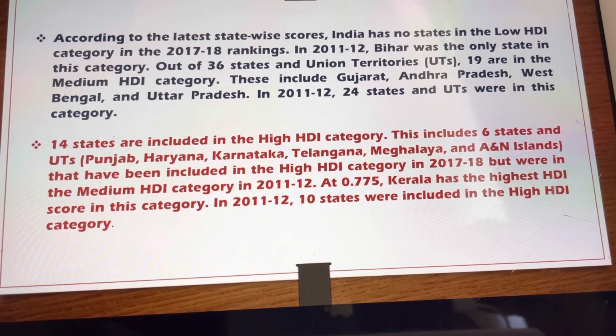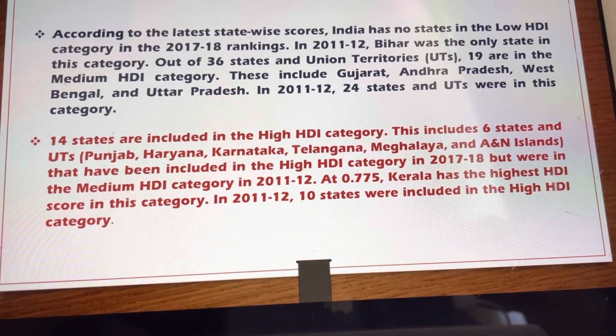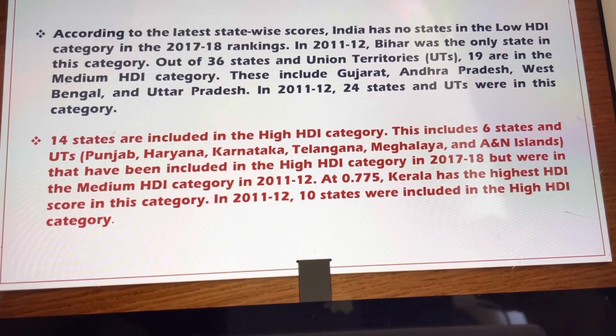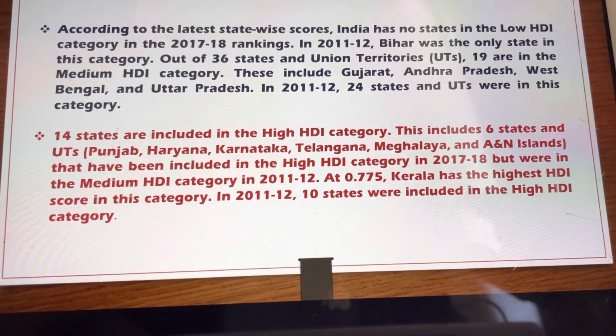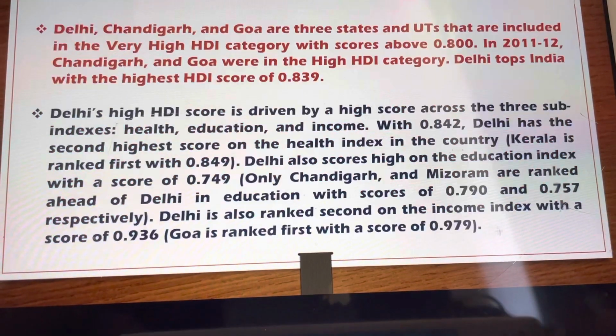Kerala has the highest HDI score in this category at 0.7745. In 2011-12, 10 states were included in the high HDI category.